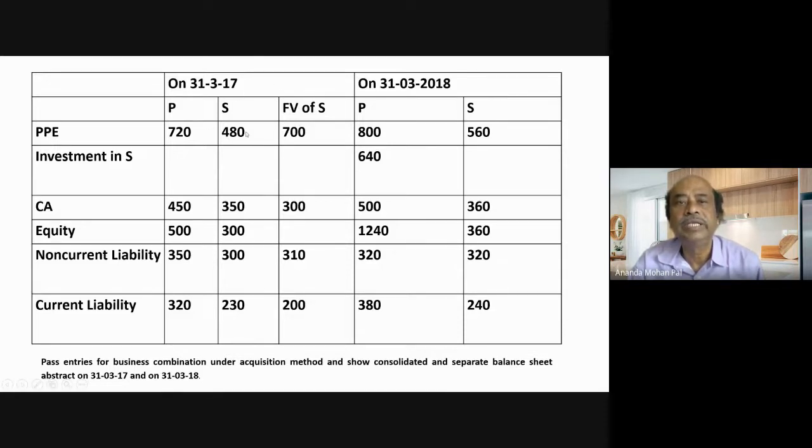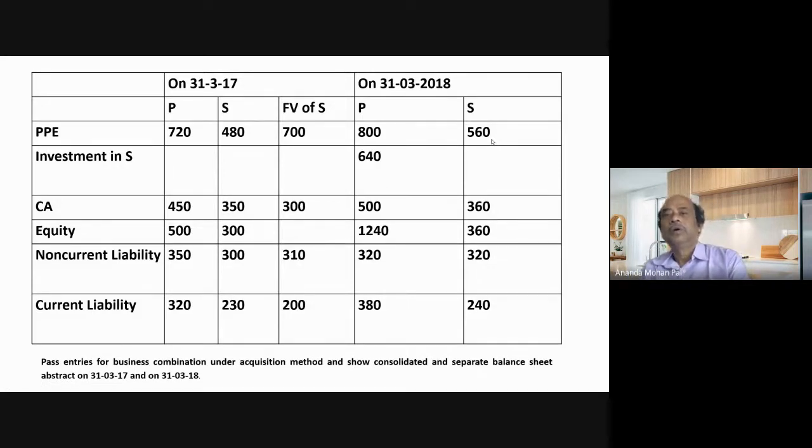So 220 is higher, 220 revaluation profit. Keep that in mind from this. And the subsidiary's book value was 480. Now the book value is 560. So it is also 80 up during the year.